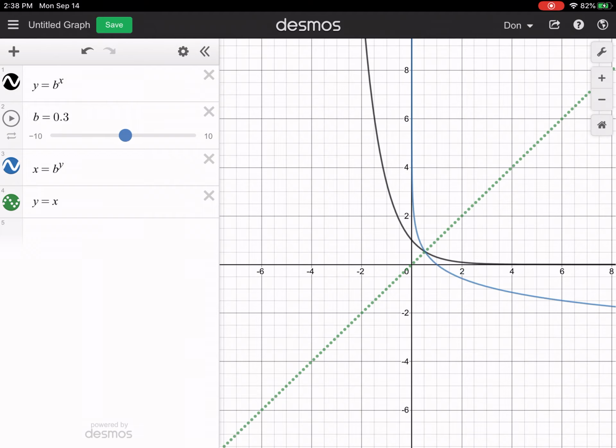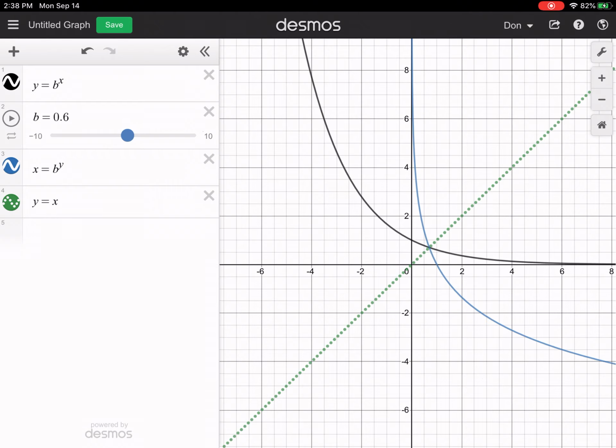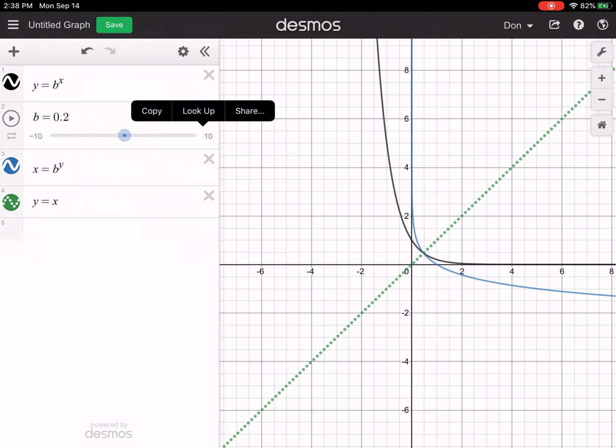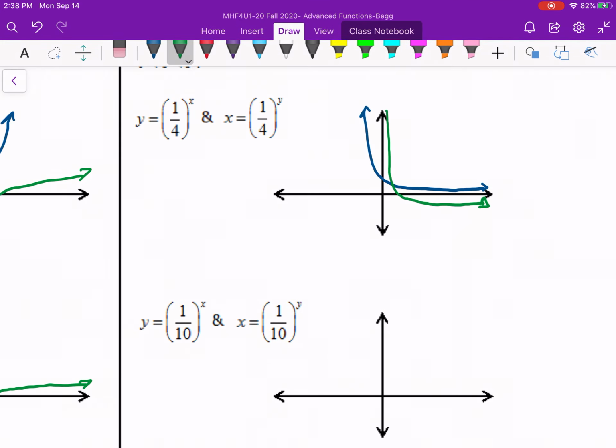Right? Again, let's go back to 1, not exponential, but as I start to creep it down to lower and lower numbers, they're becoming steeper and steeper. 0 is not exponential. That's why the graph disappears once I hit 0. But 0.1 is steeper than 0.2 or 0.3 and so on.